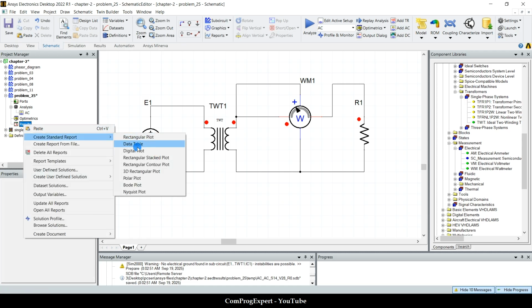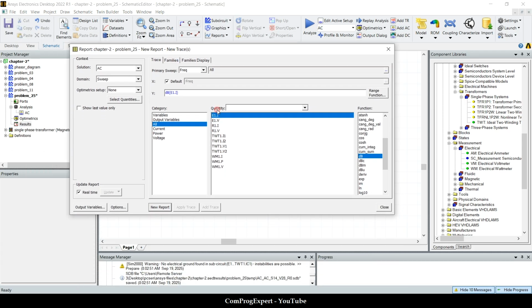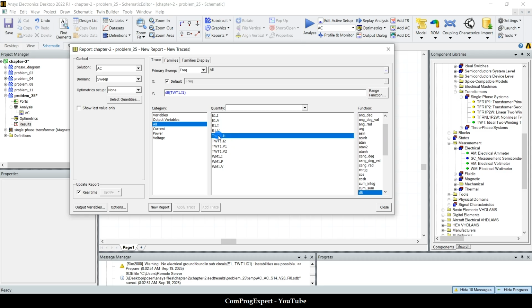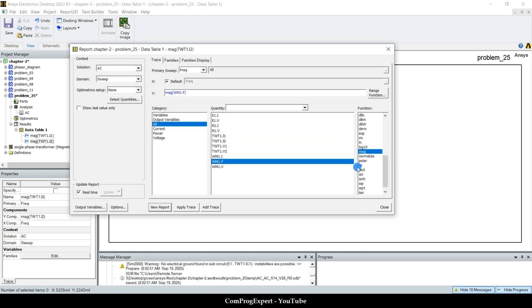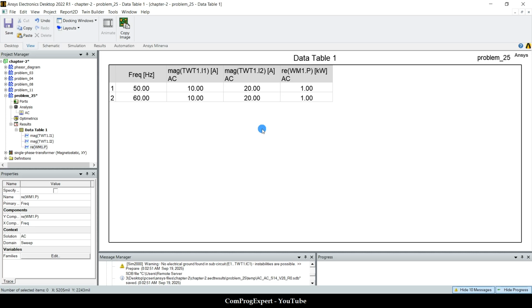So from here, data table, let's plot the magnitude of the current of the primary coil. Magnitude from here. Magnitude, phase is not important. Magnitude and the real part of the power. These three numbers. Yes.